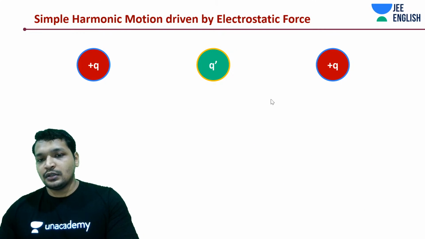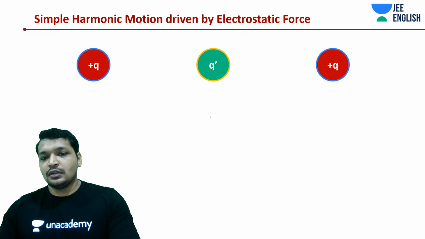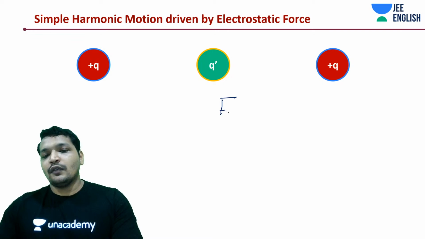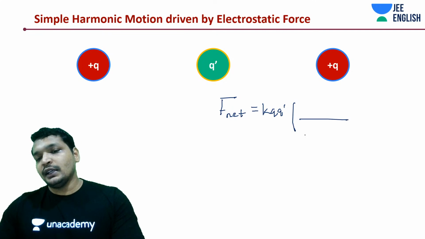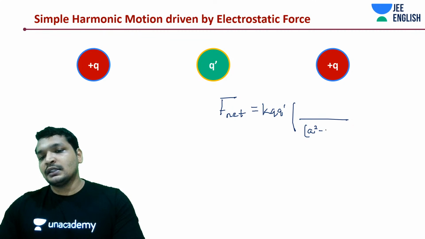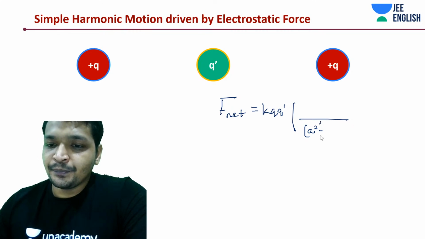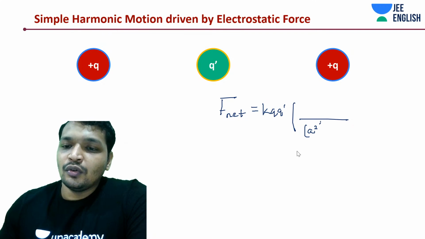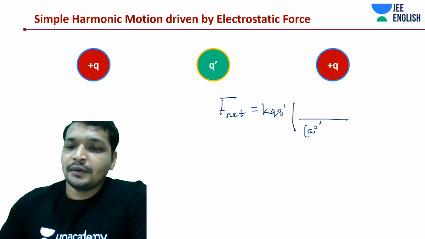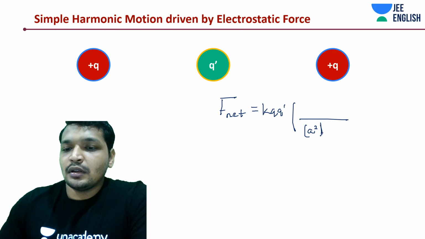Okay. So yes, that being said, now what you need to do, you need to find out the net force. Net force, which we calculated to be q dash divided by, I'm writing down a square minus x square as just a square minus nothing, that is 0, whole square, right?